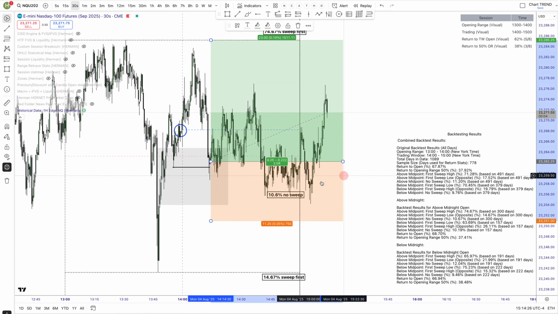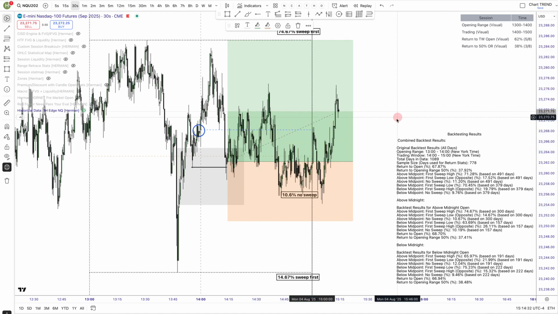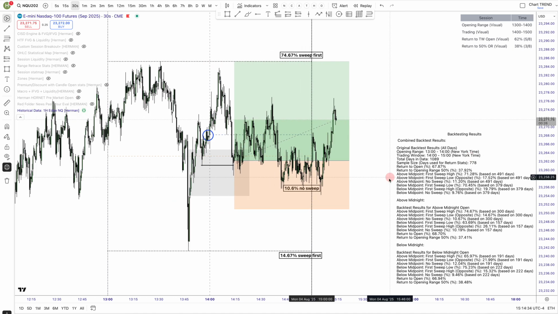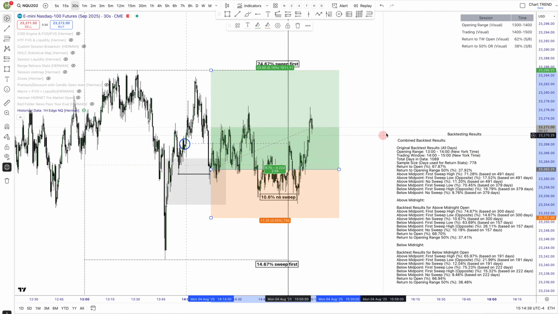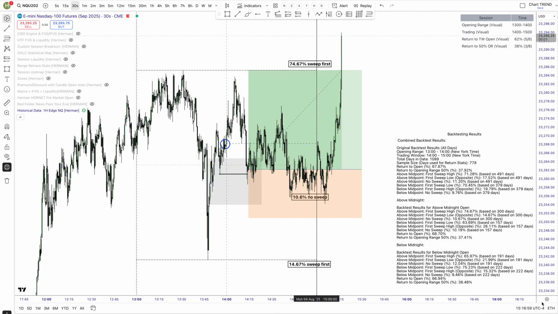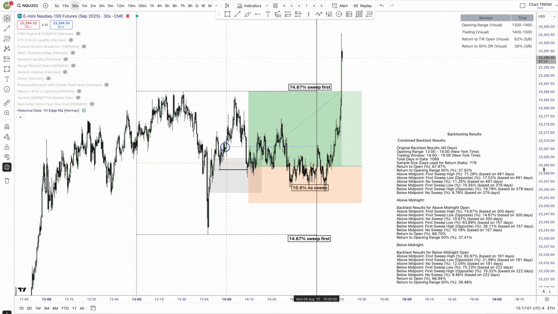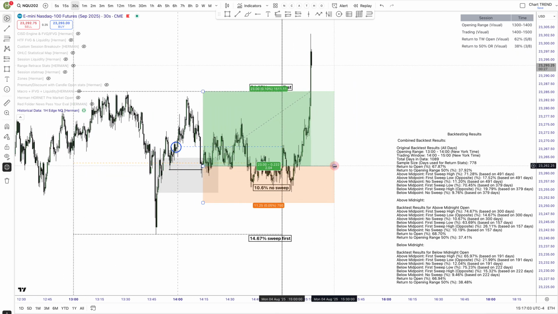But as I said, it never happened up to 3 p.m. So I treat it as the 10% of no sweep, but it's happening very, very often that the power hour is finishing off the business. And there it is, as expected. Power hour finished off the business, and you've got your 2R.